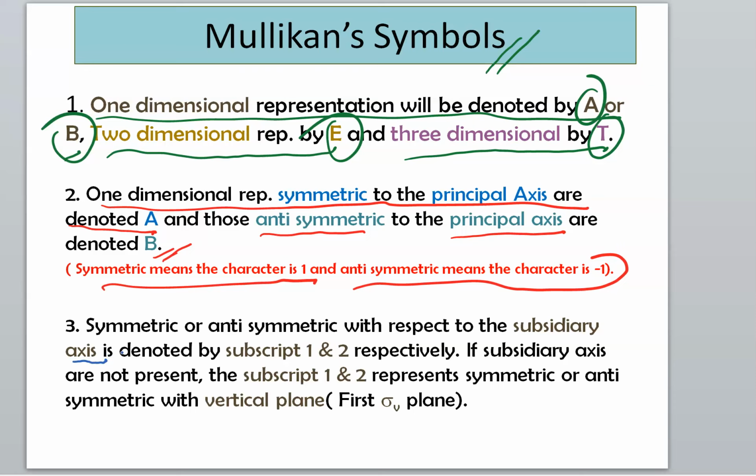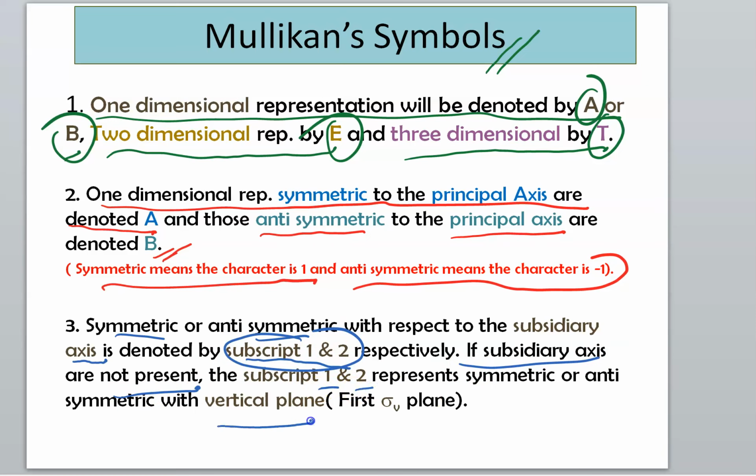Cn is the principal axis. If there is another subsidiary axis, then we use the subscript 1 or 2: symmetric 1, anti-symmetric 2. If a subsidiary axis is not present, then 1 and 2 represent symmetric or anti-symmetric with respect to the vertical plane, the first σv plane.